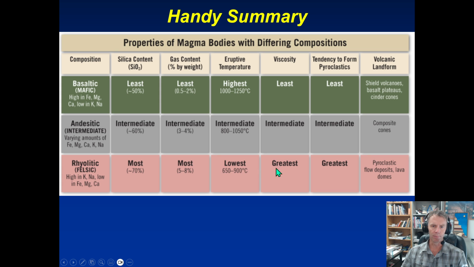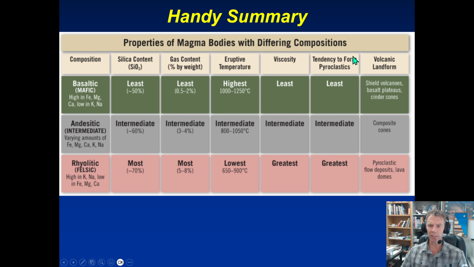Lower temperatures and higher viscosities go together. At the other end of the spectrum, a magma that has low viscosity, a basaltic or mafic magma, is going to tend to erupt at a higher temperature. So those lavas we see in Iceland and Hawaii are erupting at a much higher temperature than some of the stiff magmas, maybe at like Mount St. Helens or something like that.